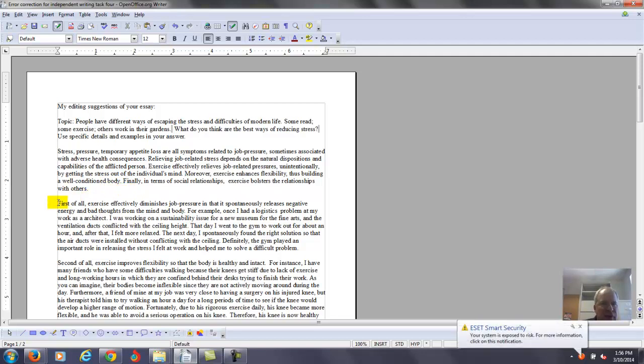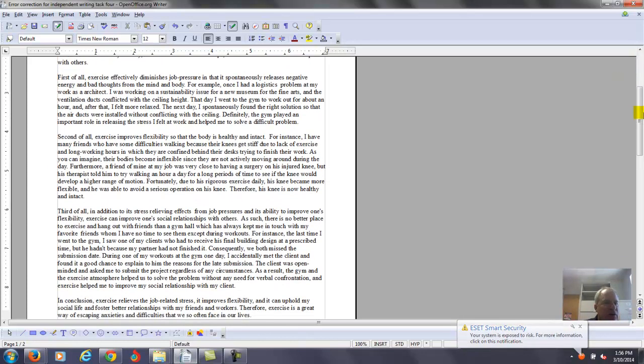First of all, exercise effectively diminishes job pressure in that it spontaneously releases negative energy and thought from the mind and body. For example, once I had a logistic problem to work as an architect. I was working on a sustainability issue for a new museum for fine arts, and the ventilation did conflict with the ceiling height.